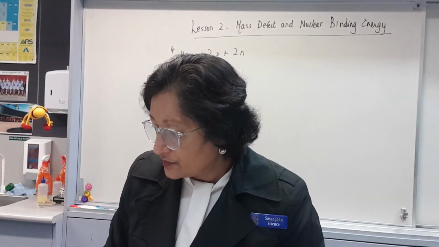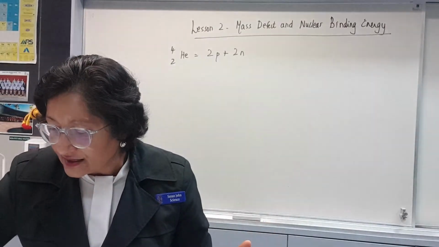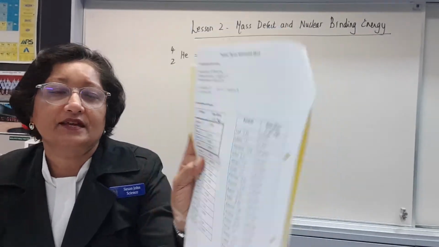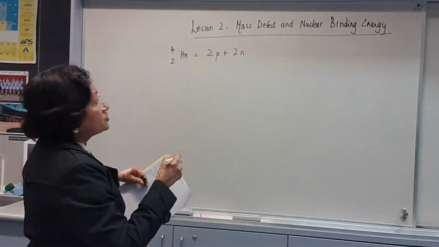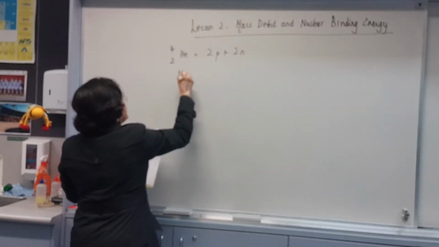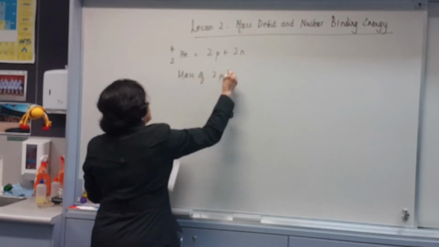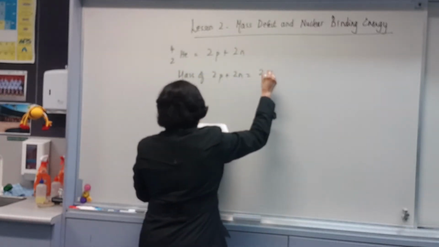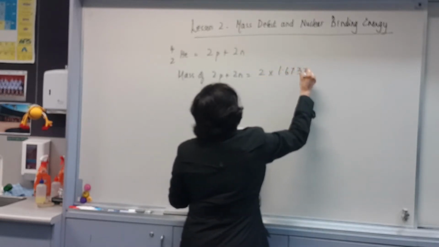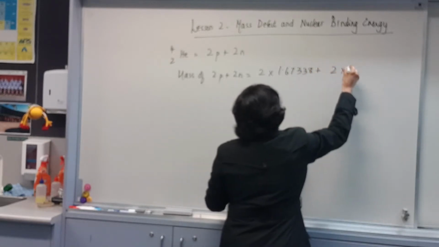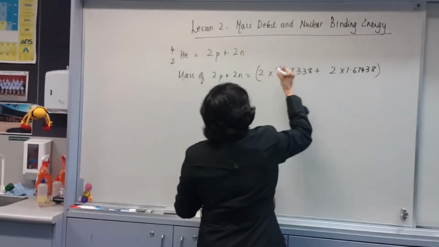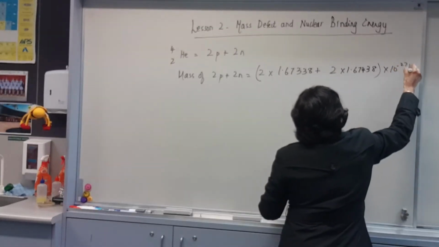One of the questions that we do is looking at how you calculate this. I'm taking the data from this page here. Helium consists of 2 protons and 2 neutrons. So the mass of 2 protons and 2 neutrons is 2 times 1.67338 plus 2 times 1.67438, and you multiply that by 10 to the power of negative 27 kilograms.